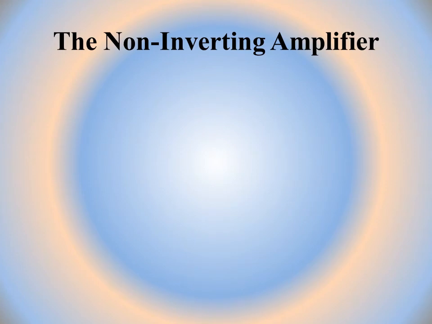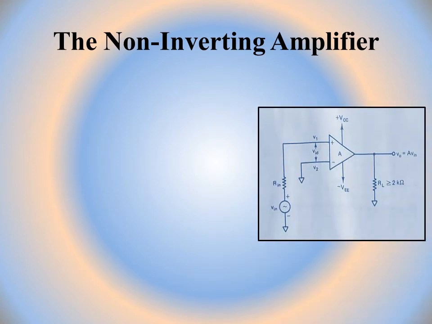Now, next is the non-inverting amplifier. Again, as you can see from the diagram, we have two power supplies. Output is taken from here, and at the plus end we have applied an input signal and the minus end is grounded.